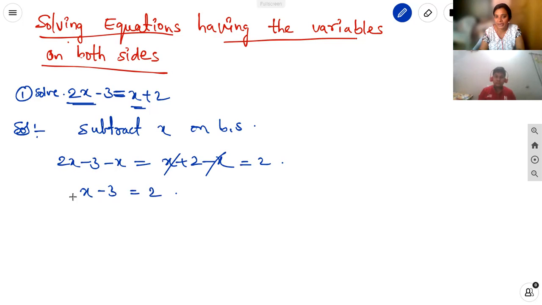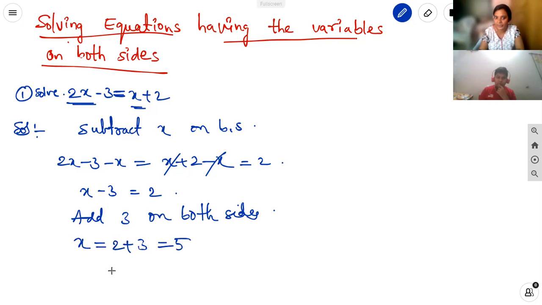In the same way, on the left hand side we can eliminate the constant. Here minus 3 is there, so we add 3 on both sides. That is x minus 3 plus 3 is 0, 2 plus 3 is 5. So x equal to 5.